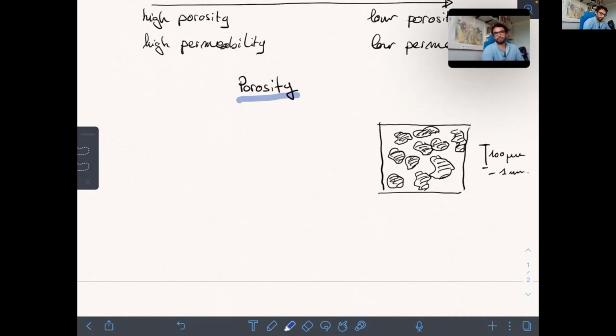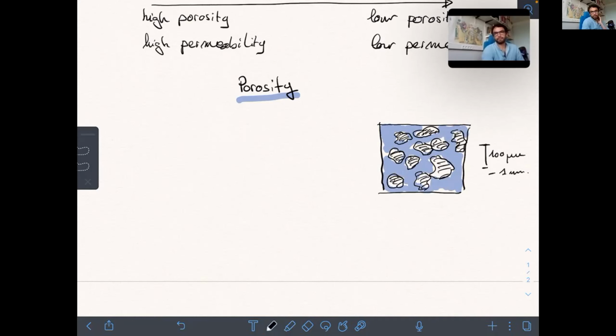And around this, in the pore, you have water or other type of fluid like oil, gas. And this goes in all the pore space, like this. Okay.